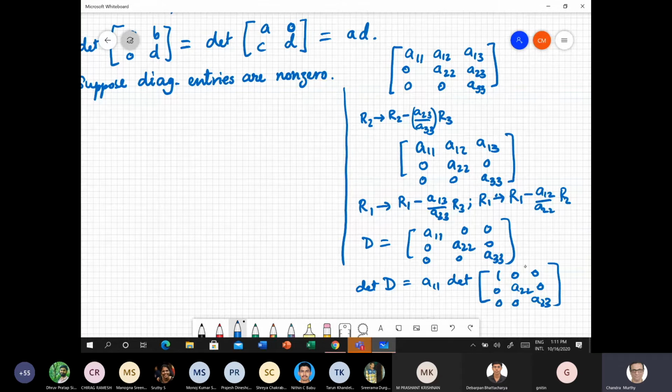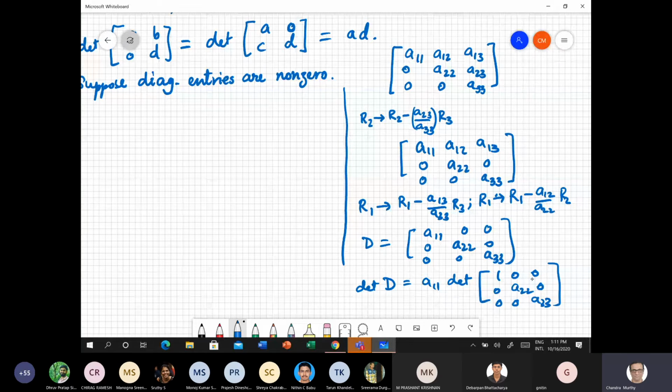Then what I can do in this matrix is I can exchange the second row and the first row. And then I know that the determinant has changed sign, but I'll keep that in mind. Now in the first row, it's linear in A22. So I can pull out an A22.